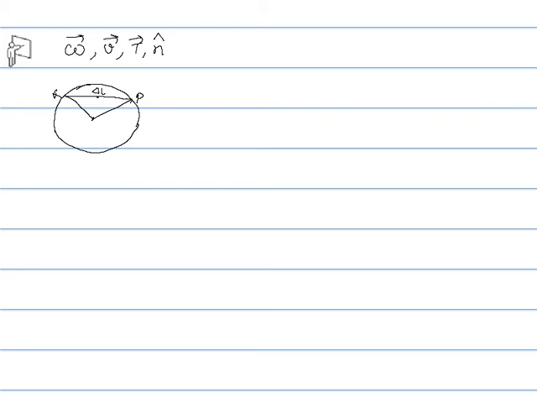The angle which it subtends at the center of the circle is, suppose, delta alpha, and the time taken to cover this distance from P to Q is, suppose, delta T.